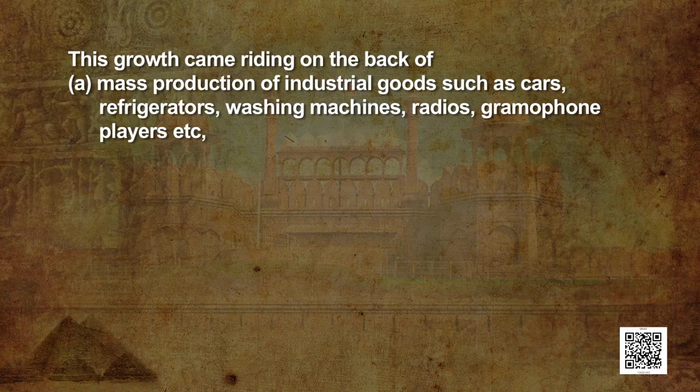First, it came riding on the back of a mass production of industrial goods such as cars, refrigerators, washing machines, radios, gramophone players, etc. These were goods which were giving that extra tinge to the affluent lifestyle in the United States of America. And hence, there was a big rat race to possess these articles, because they would now define the standing of a family in the social scale.